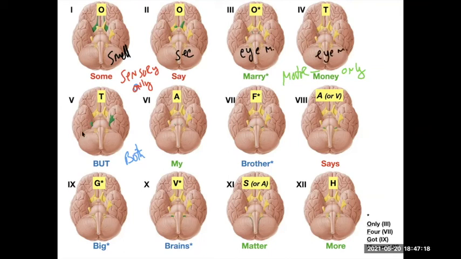For this, chewing, and face, skin. For the big things, this is another eye movement. This is facial expressions. This one is hearing, as well as vestibular information.